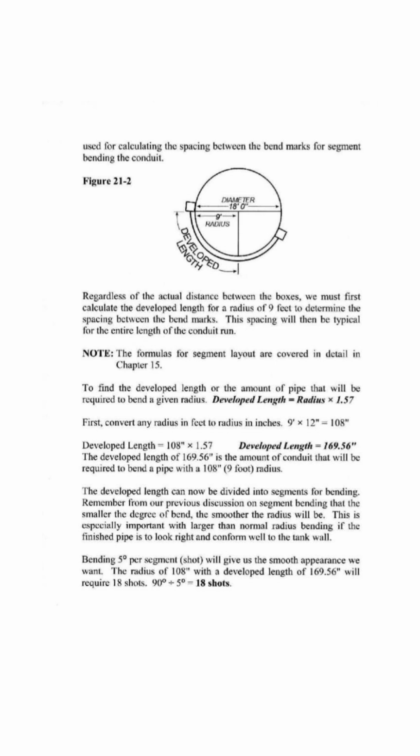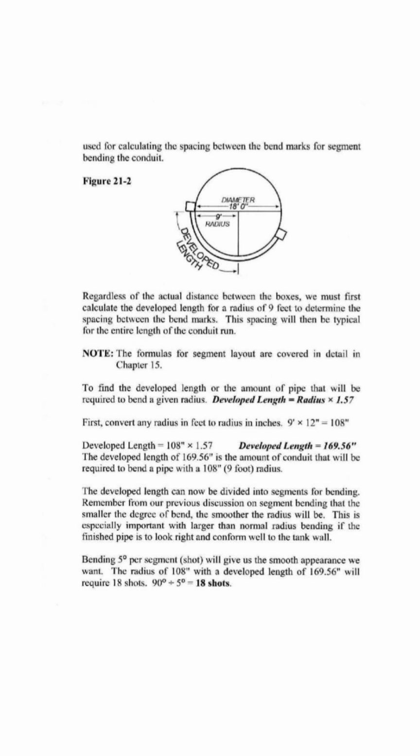The developed length can now be divided into segments for bending. Remember from our previous discussion on segment bending that the smaller the degree of bend, the smoother the radius will be. This is especially important with larger than normal radius bending if the finished pipe is to look right and conform well to the tank wall. Bending 5 degrees per segment, or shot, will give us the smooth appearance we want.